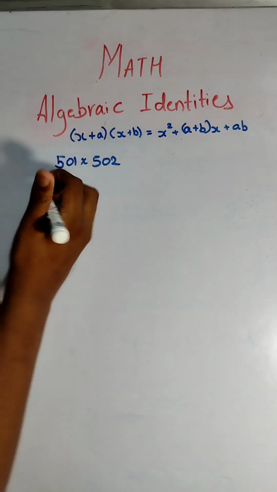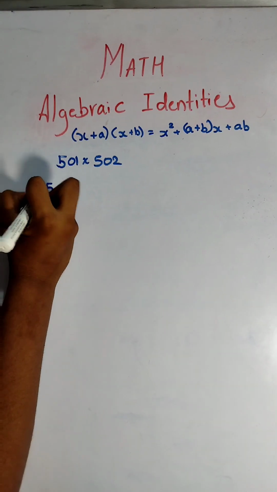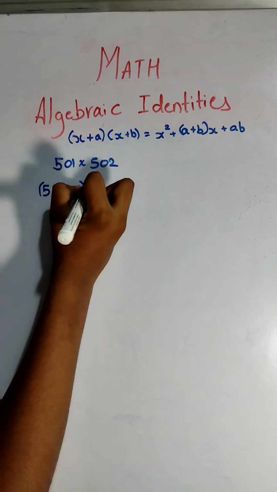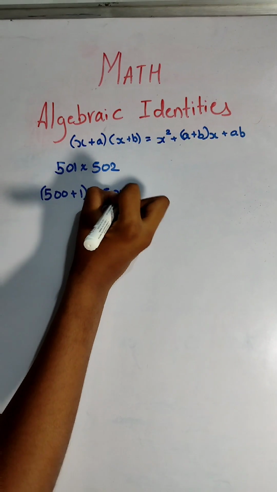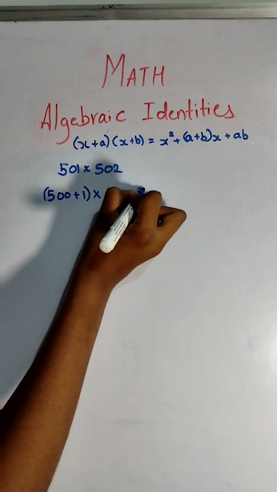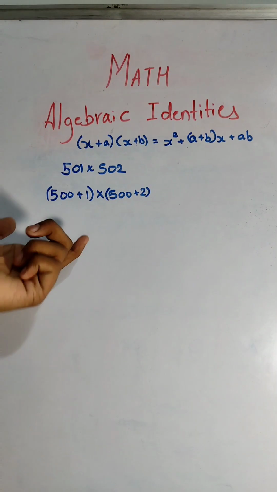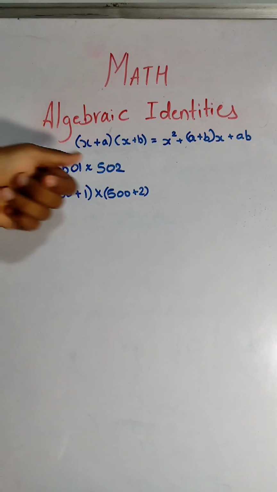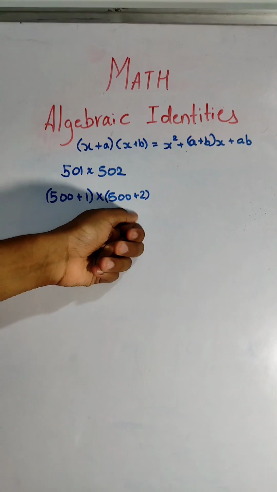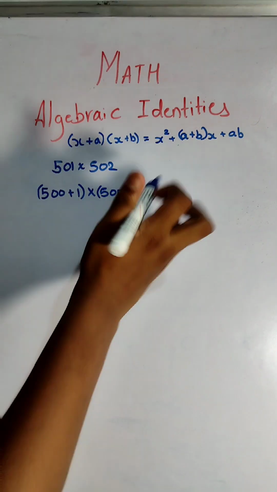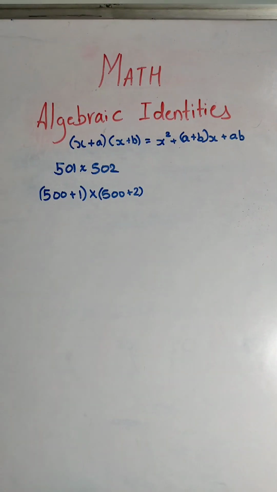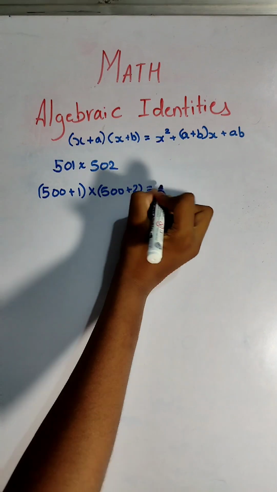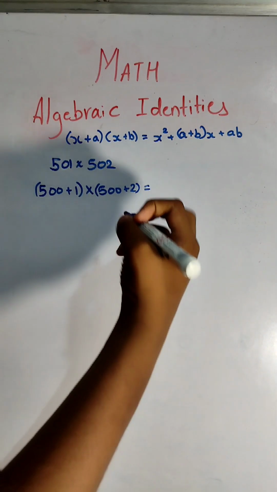So all we'll do is write it as (500 + 1) into (500 + 2). So as we can see here, all we have done is substitute x with 500, a with 1 and b with 2. So we've remembered the identity as this is equal to this, and let's exactly replicate that into our answer.